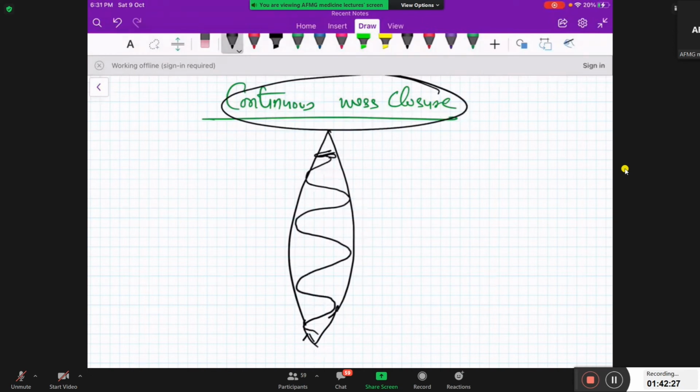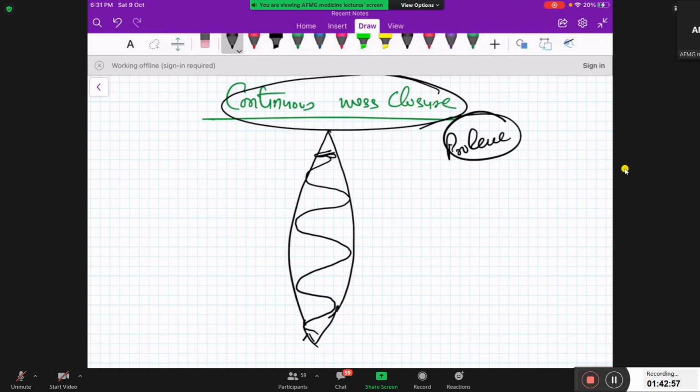Now, first of all, what suture are you going to use for this continuous mass closure? Simple, we should use Prolene. And remember, as a rule, we don't want tension in any wound, because whenever the wound is closed in tension, there is a problem in wound healing.